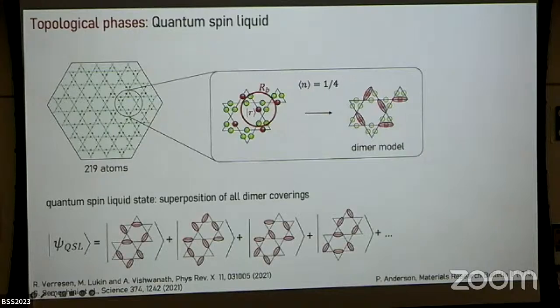And in the numerical simulations that they did in this paper here, they saw that there is indeed a range of parameters in which there is a quantum spin liquid state that again is the superposition of all the possible dimer coverings of this lattice. So this is exactly the analogous of the resonating valence bond state from Anderson's prediction.